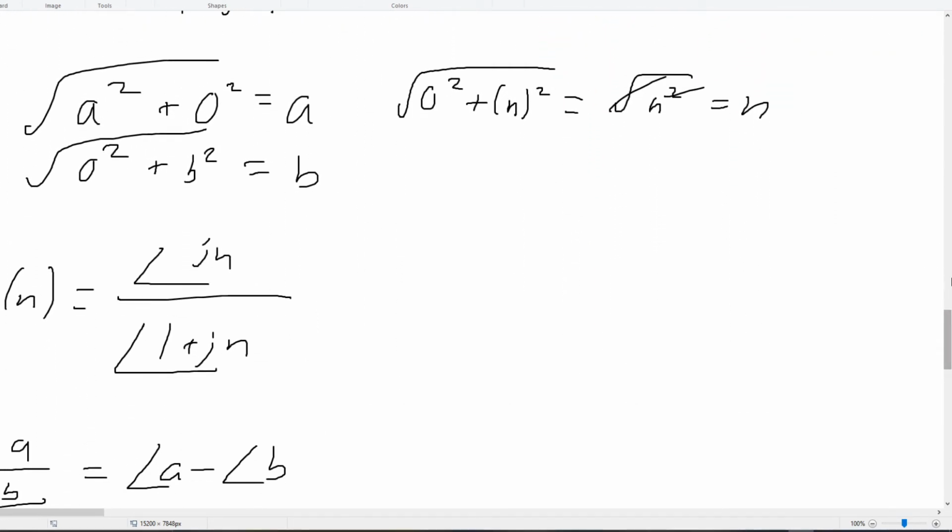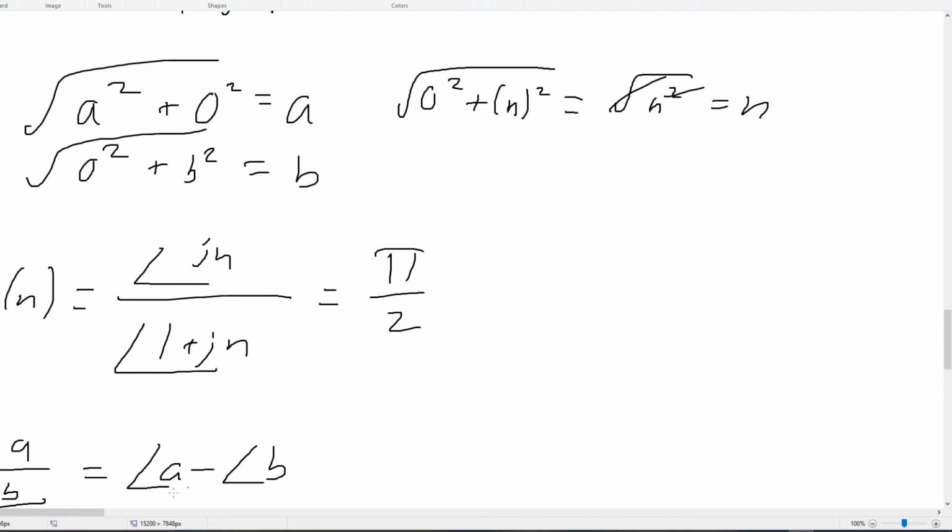So this part, angle of jn, hopefully I haven't confused you guys. Angle of jn is equal to pi over 2, because no matter what number you put in for n, you're always going to get 90 degrees. The magnitude might change, but you're always going to get 90 degrees.